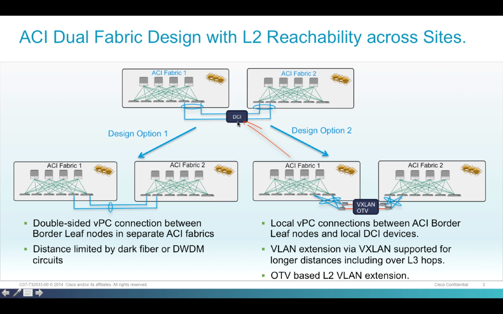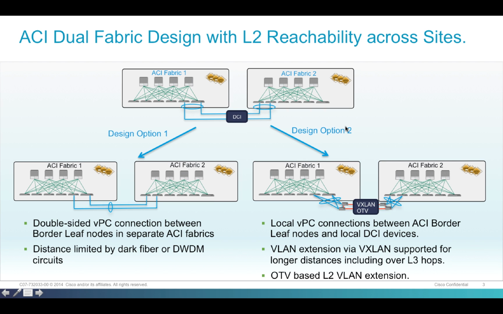They are cross-connected with some kind of DCI technology. The DCI technology that you could consider for this scenario could be anything as simple as design option number 1, where we have a back-to-back or double-sided VPC that connects the border leaves or border nodes in the fabrics together. This could be utilizing dark fiber or DWDM. It's of course limited to the distance between the sites.